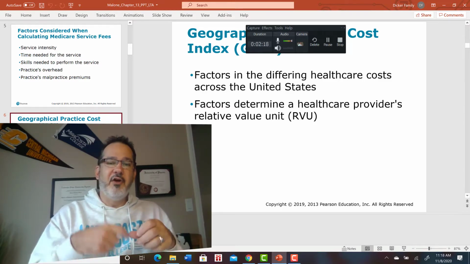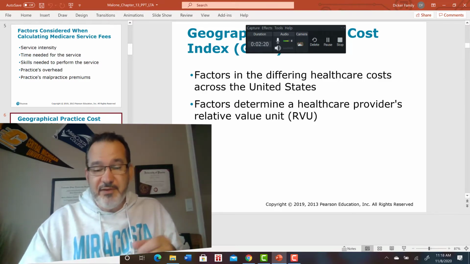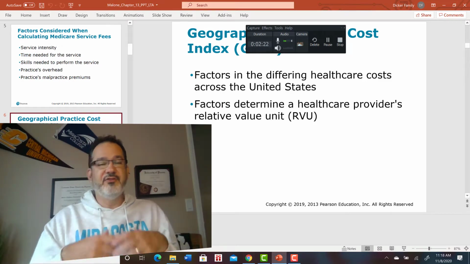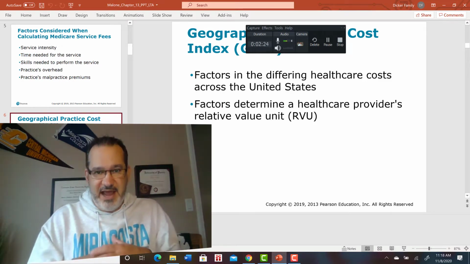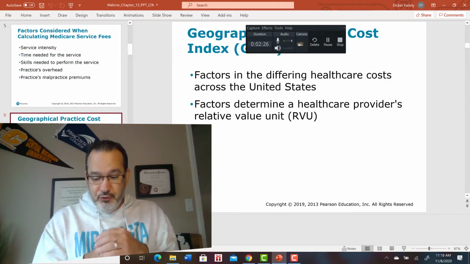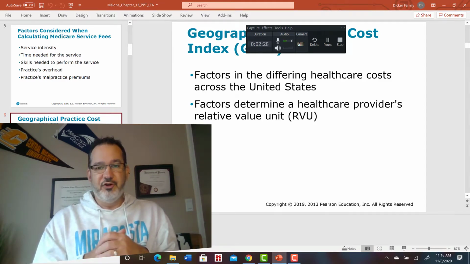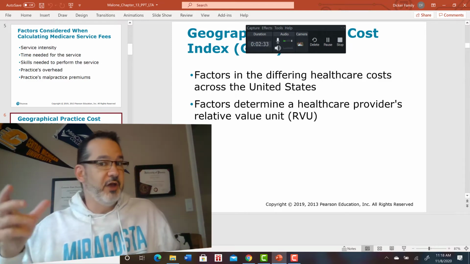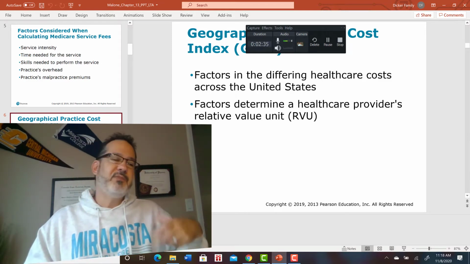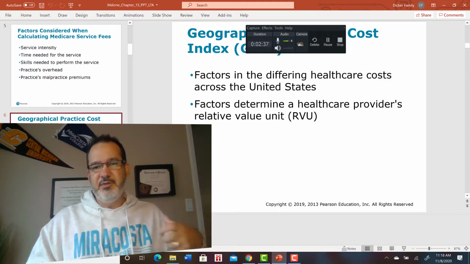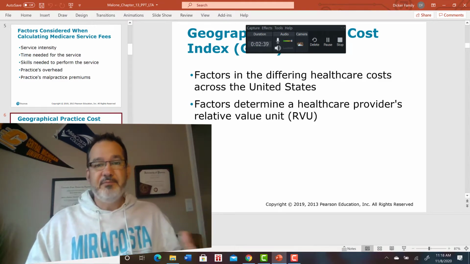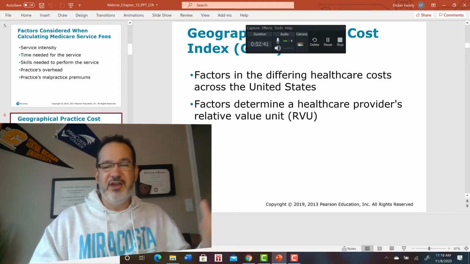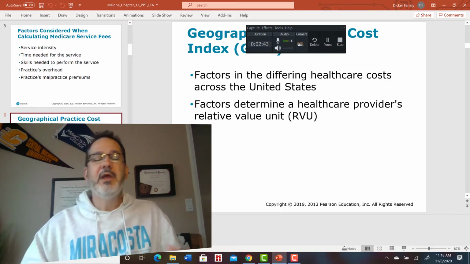And then there are factors that are geographically related that go into it. So there's a national conversion factor used to determine how much something is in one place versus another. For instance, things typically can be charged at a higher rate in a more urban center like Los Angeles or San Diego.